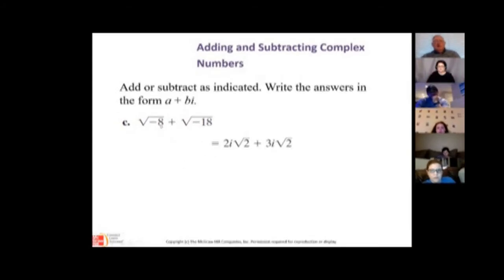Well, the 4 that I said was in here extracts, as well as the -1. The 9 and the -1 both extract here. So we have a common term here that we can continue to add these to. So we got 2 of these, 3 of those, a total of 5i radical 2.